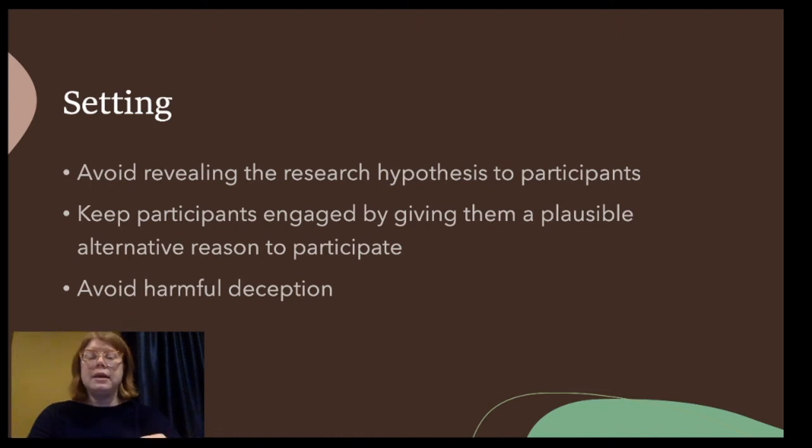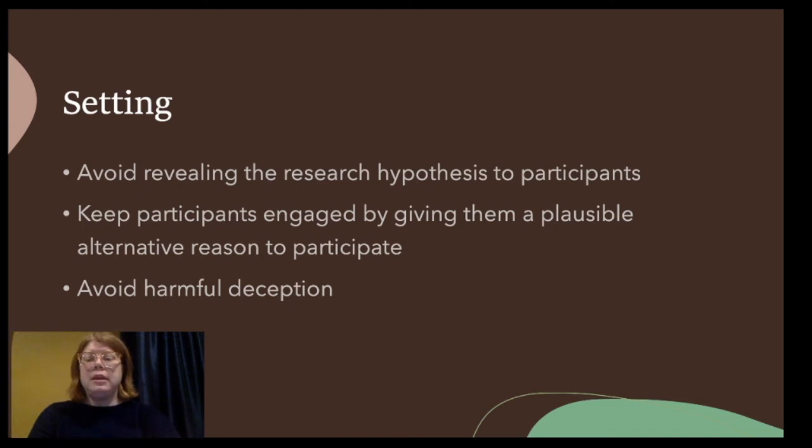So they're less likely to behave in ways that might be authentic to them if they think it will disconfirm your hypothesis. So to keep participants engaged, you want to give them a plausible alternative reason why they're participating.